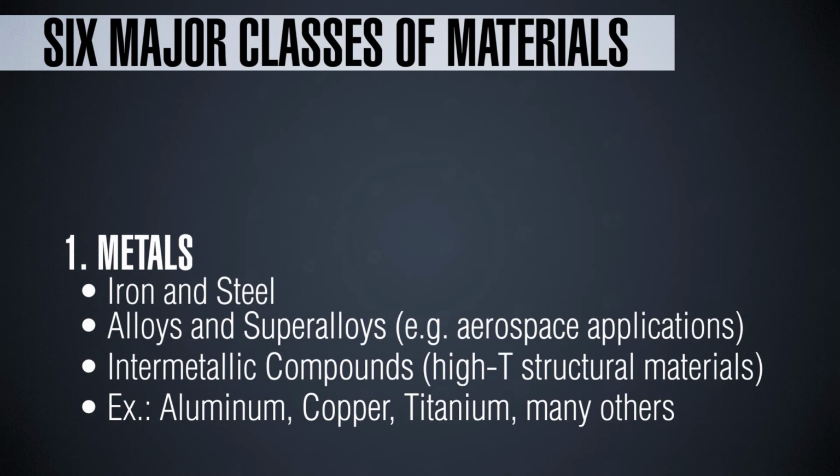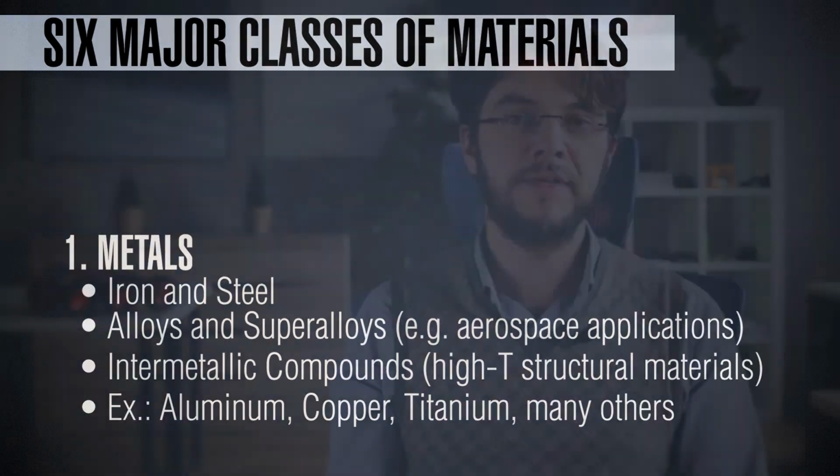The most important metal for human activities is steel, which is actually a nanocomposite material, an alloy between carbon and iron.